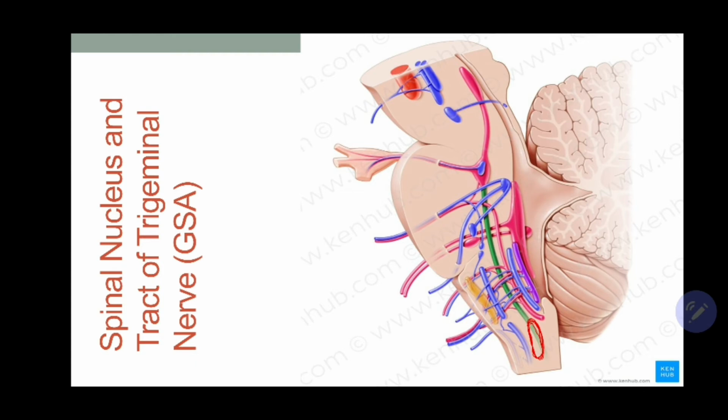The tuber cinereum is the bulging seen laterally in the posterolateral sulcus on the upper medulla because of this spinal nucleus and spinal tract of the trigeminal nerve, and this nucleus will reach down to the first and second segments of the cervical nerves.